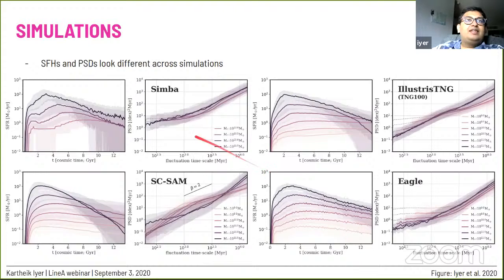And so these differences between the PSDs of the four simulations are a result of, to some extent, resolution, and to a larger extent, the physical prescriptions for evolving galaxies that are put into these simulations.